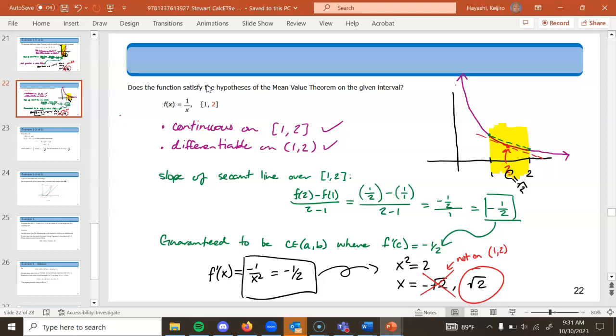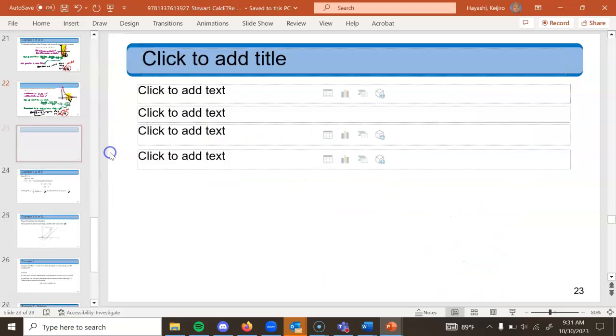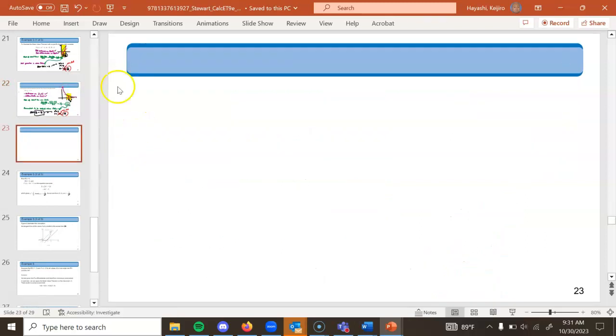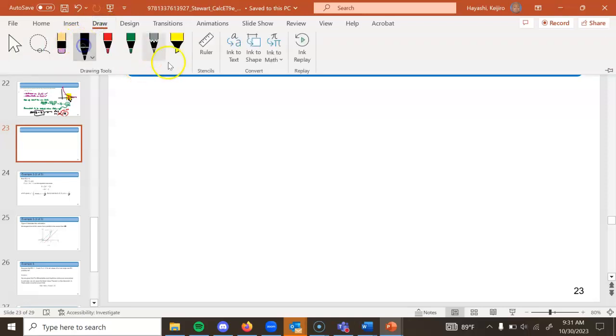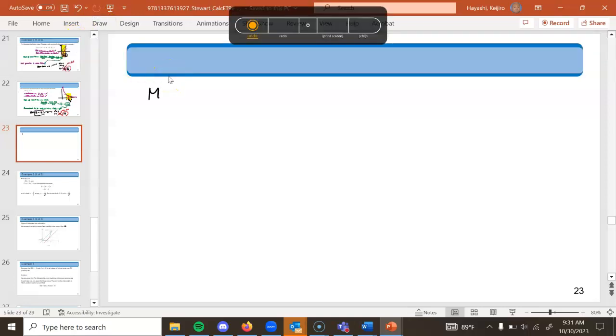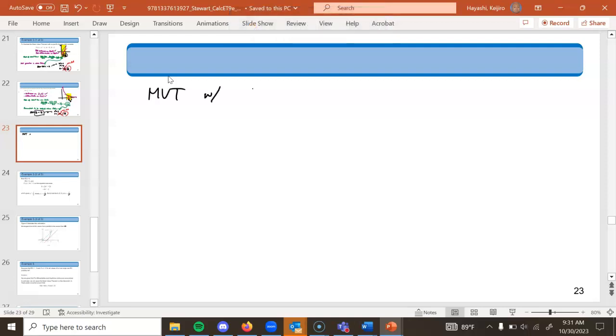That specific number being given by the slope of the secant line over an interval. So we're going to do the same thing basically with the function square root of x over the interval 0 to 4.